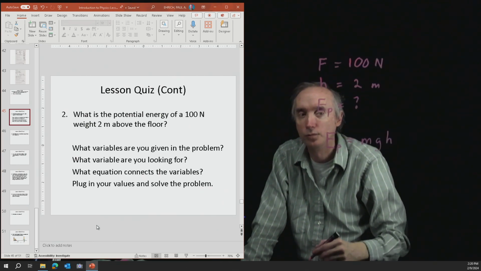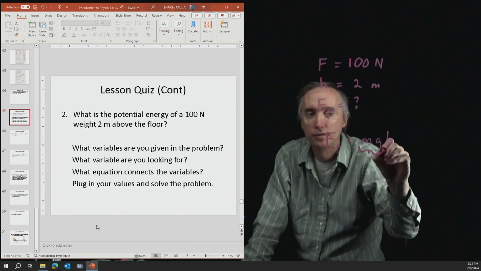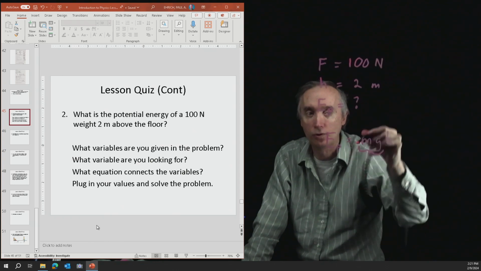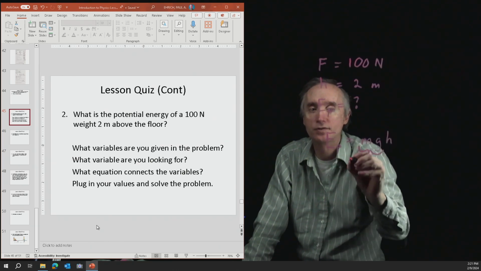Or do we? Well, do you remember that mg, that's weight. M times gravity is going to be the weight of the object. That's the force. It's the force of gravity that's pulling down. So yes, we can solve the problem.